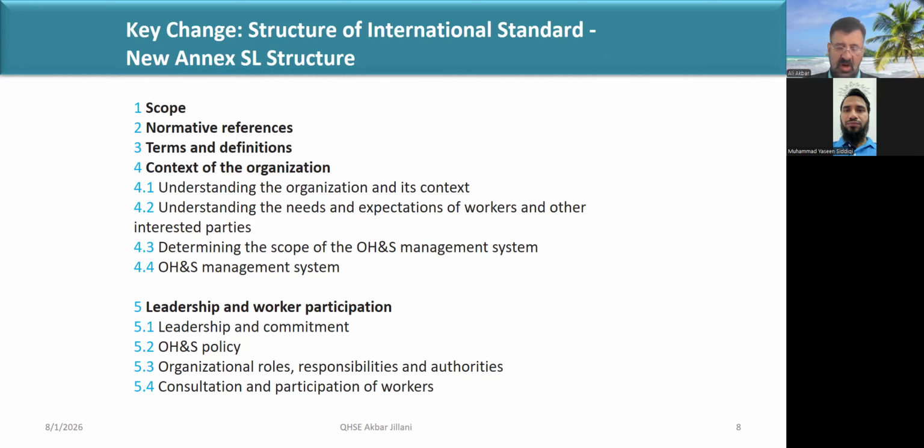So when you are developing the system for 9001, you will describe here which clause or subclause is not applicable to your organization, that this clause is not applicable for our organization. Clear? Yes, sir. This is for 9001:2015.